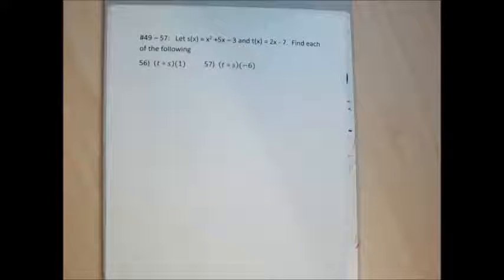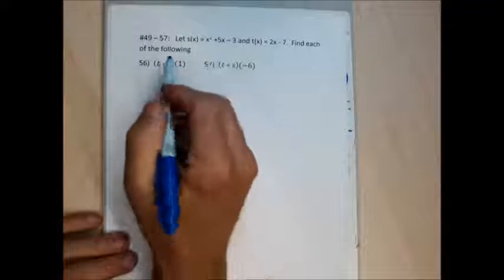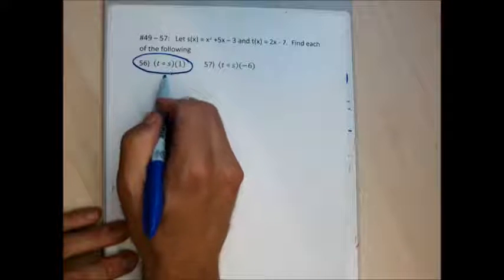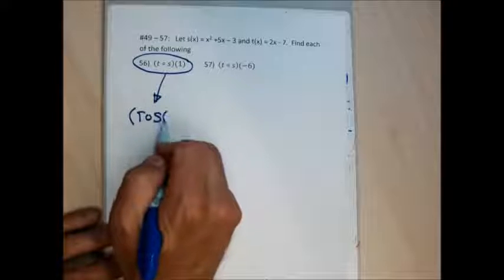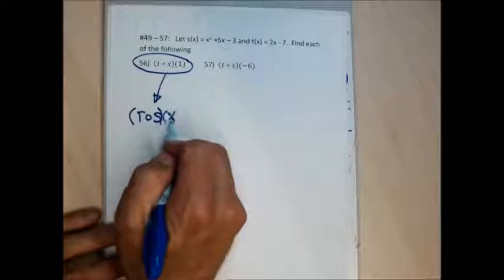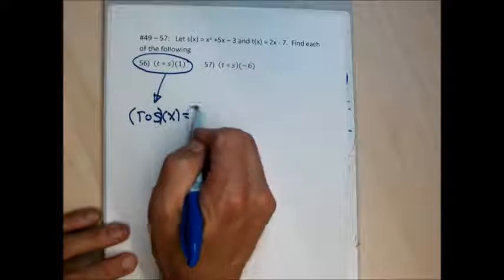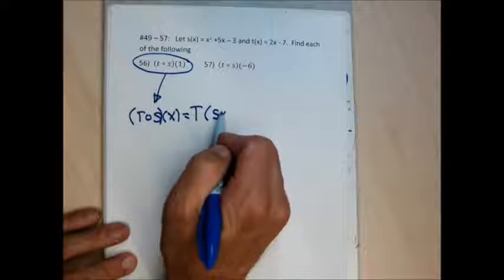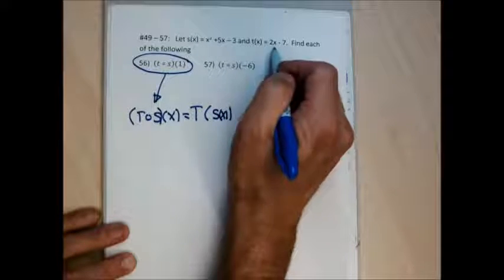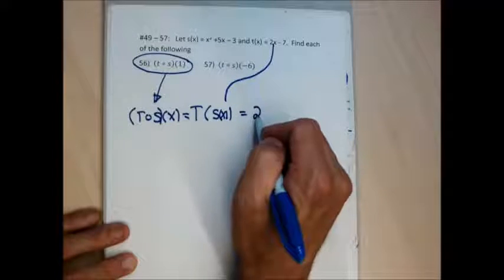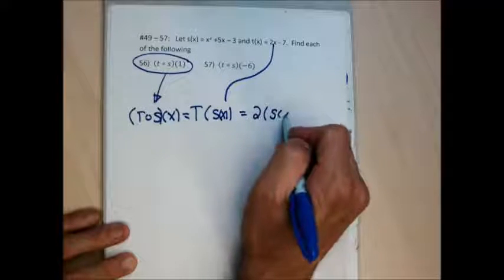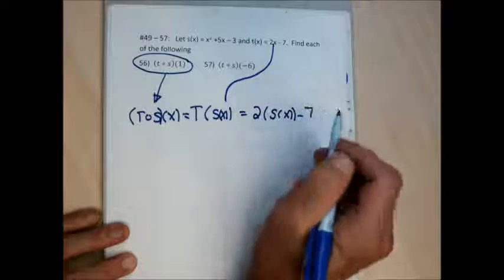57 and 56 want me to find t composed with s. First step on 56 is to do t composed with s of x. I know that that means that equals t of s of x, which tells me to change that x to an s of x. So this is going to be 2 times s of x minus 7.